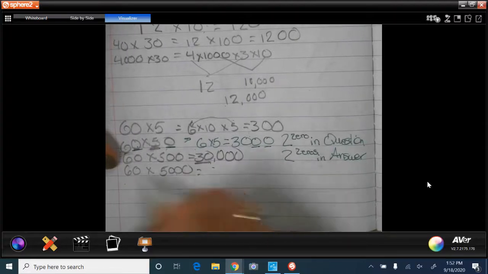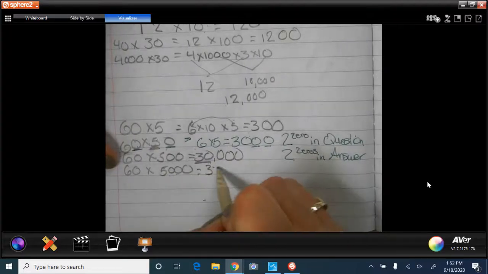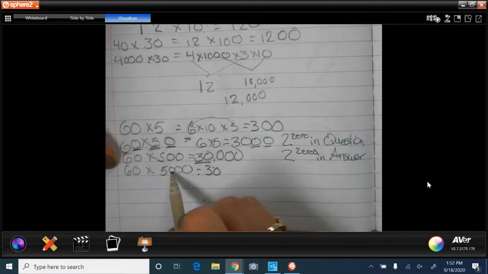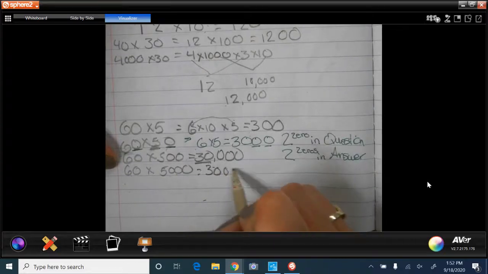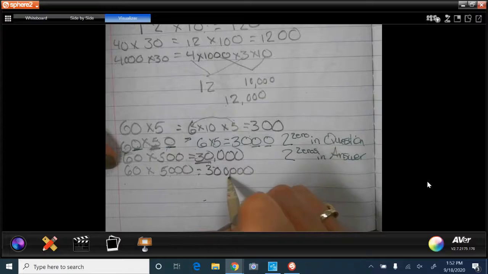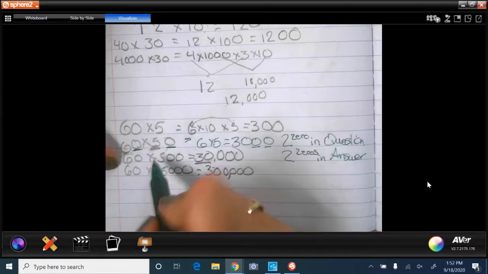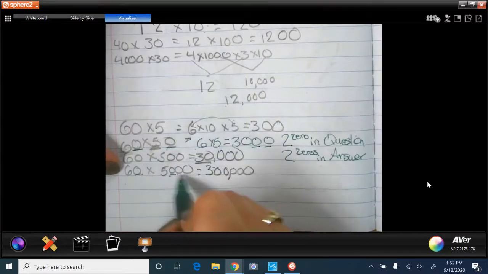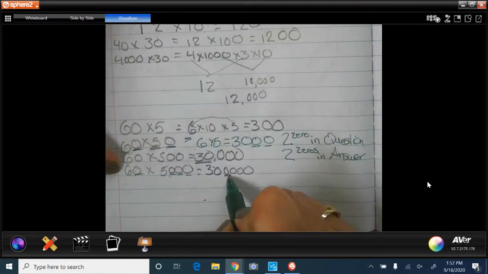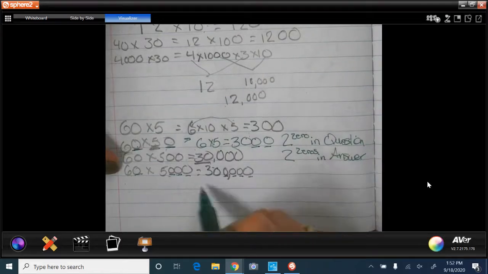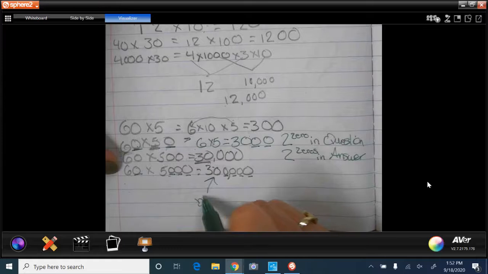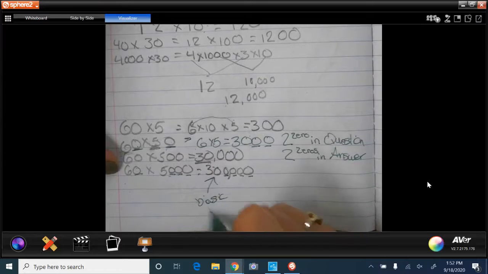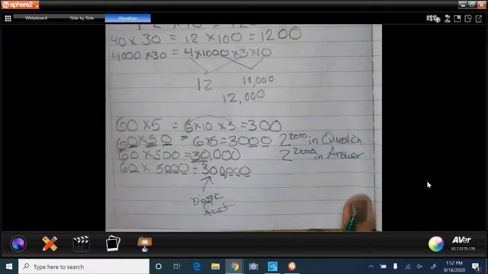On this next one, 6 times 5 is 30. And then I have 1, 2, 3, 4 zeros. So these 4 zeros became these 4 zeros, and then this was my basic fact.